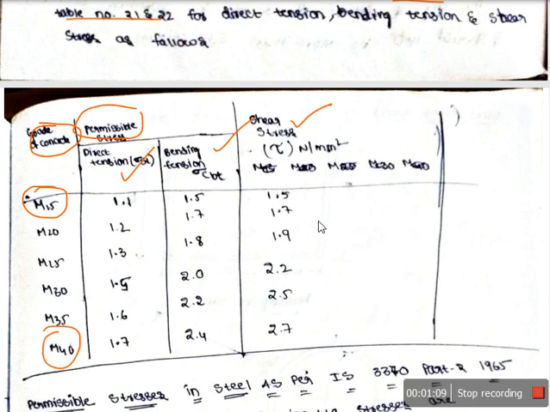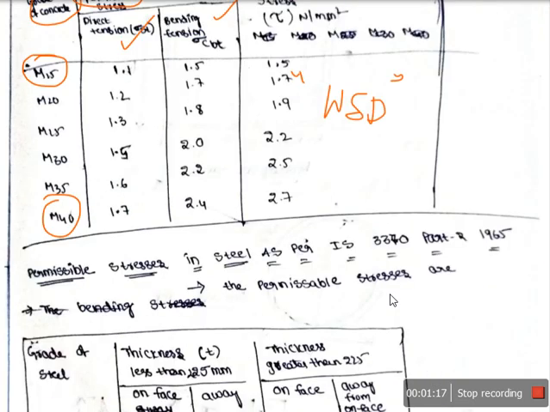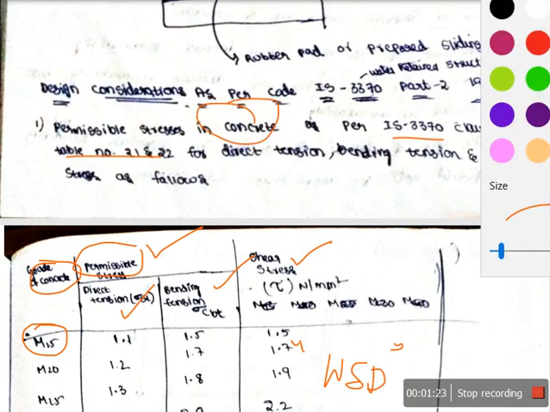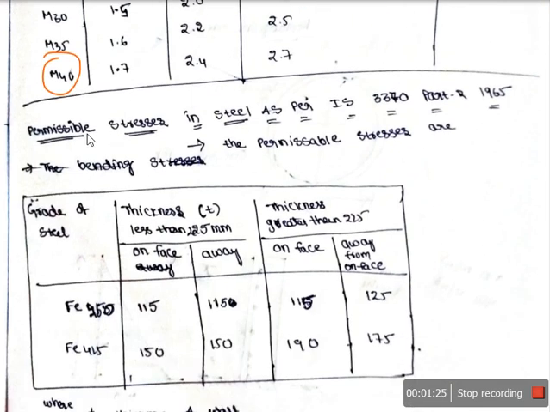The complete design of a water tank is the working stress design, so that is why the word permissible came here. This is wholly for the concrete.